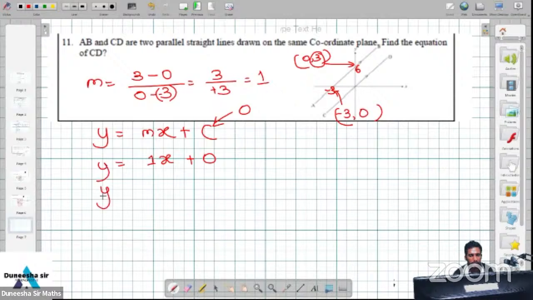Then y equals x is the equation of CD. After you finish, raise hand.